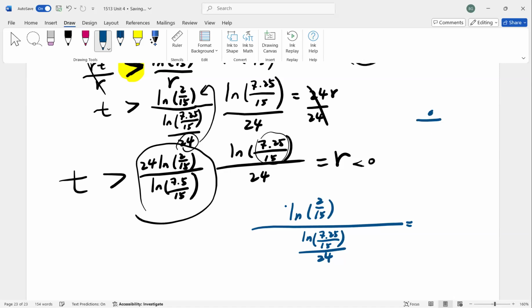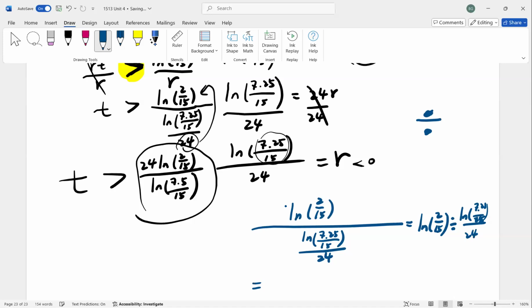The fraction bar is a division symbol. So the numerator is ln 2/15 divided by the quotient ln 7.25 over 15 over 24.